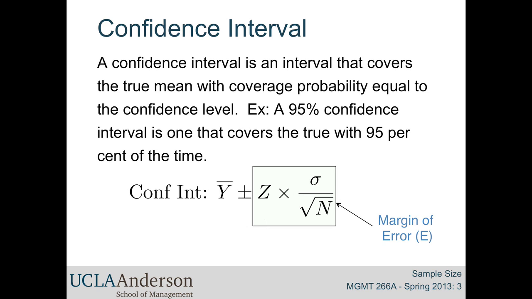If I want to have less confidence, like a 90% confidence interval, I would use a smaller multiple of z. Now I can take this confidence interval formula and invert it and ask the question: how large does n have to be to make the margin of error no larger than a certain critical value?